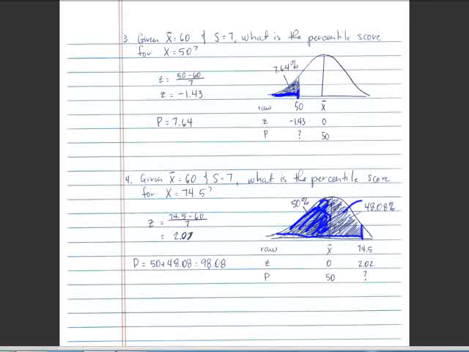So 50 plus 48.08 says that a raw score of 74.5 is at the 98.08th percentile. So 98.08% of the scores are 74.5 or below. And again, below implies to the left of that line.